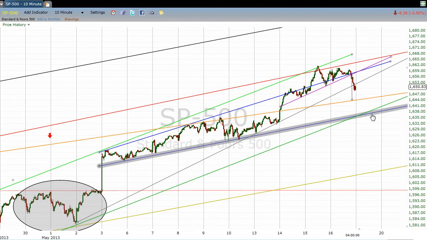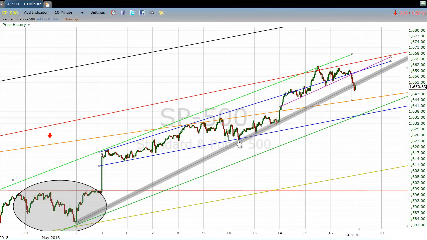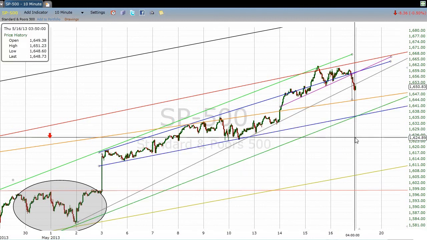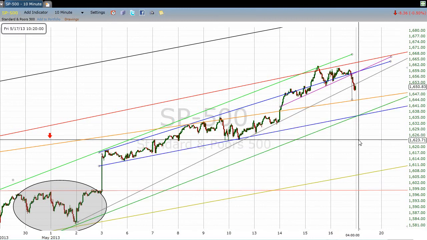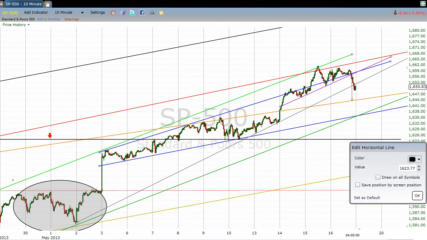Now if that breaks, then we've got some air underneath us, because I don't see a whole bunch in the chart other than possible horizontal support at about 1623. That's a very possible area for a horizontal support level. I'm going to make that light gray.